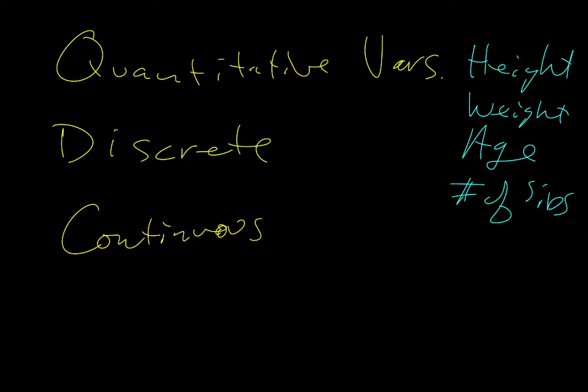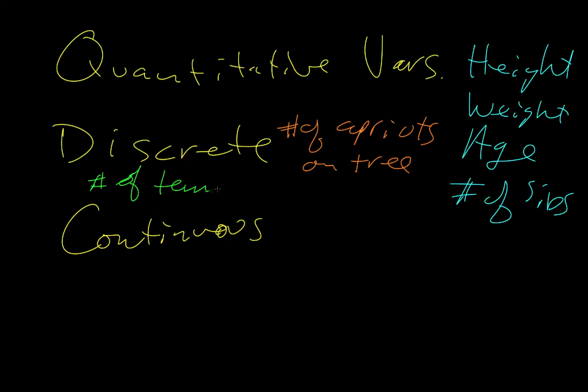Okay, so for example, if we had the number of apricots on a tree, we would get whole number answers. We would just say 1, 2, 3. It's usually a result of counting. And then we could also say number of tennis players at a tennis game.